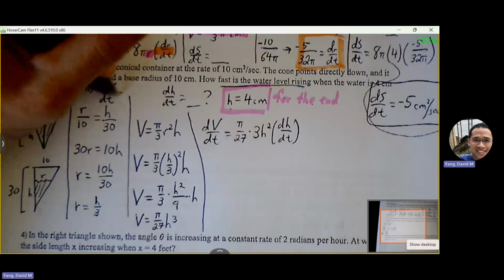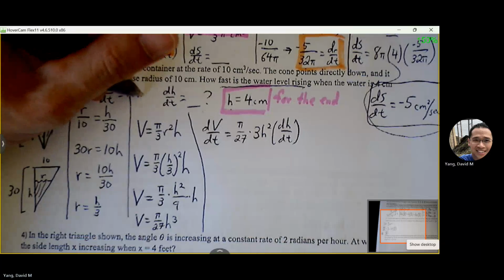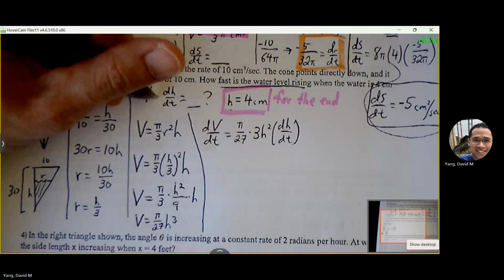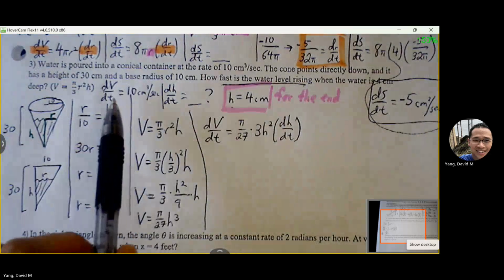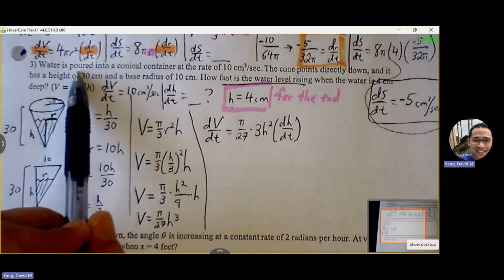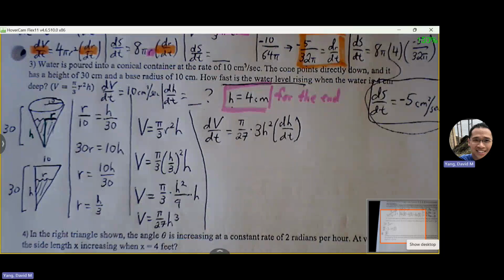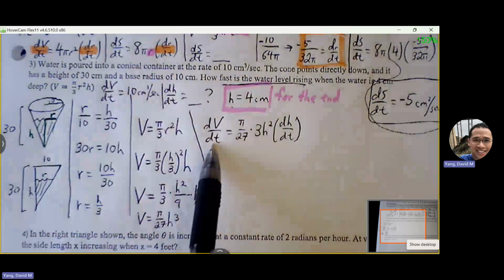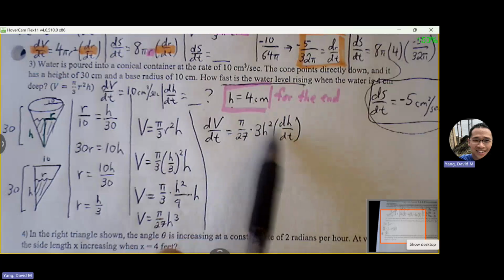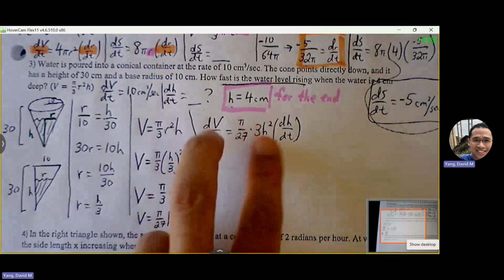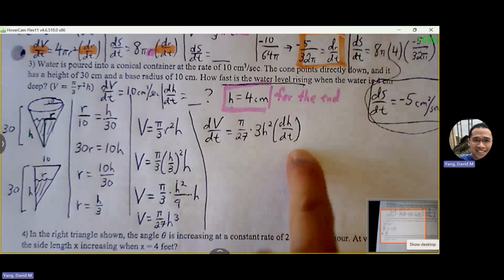So dV/dt is positive 10. It's positive 10 because water is getting poured into the tank. The water is growing inside the tank. So 10 goes in for dV/dt. H gets replaced with 4. Now we can use that 4. And then dh/dt is the unknown. So we should be able to have everything filled in and have that one last missing variable to look for.